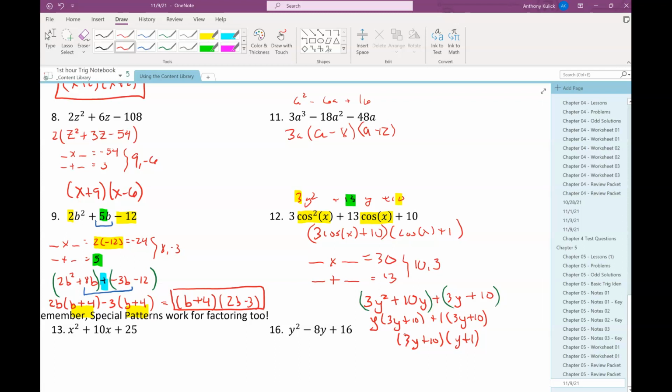So again, the easy part to mess up was remembering to include the 3 times 10. Got to remember to do that when you get to the long factoring ones, right? You have to have the leading coefficient times that constant term at the end.